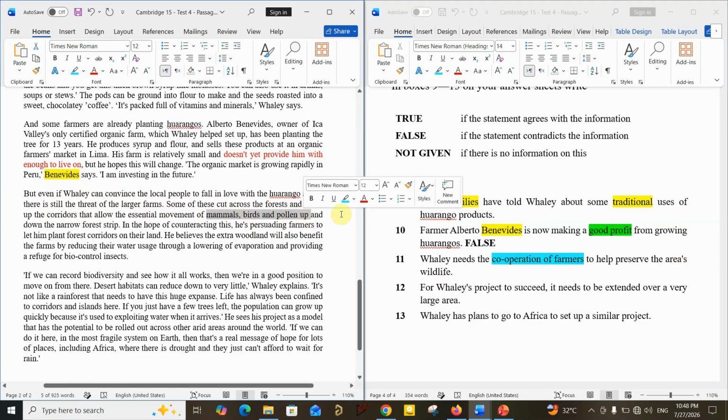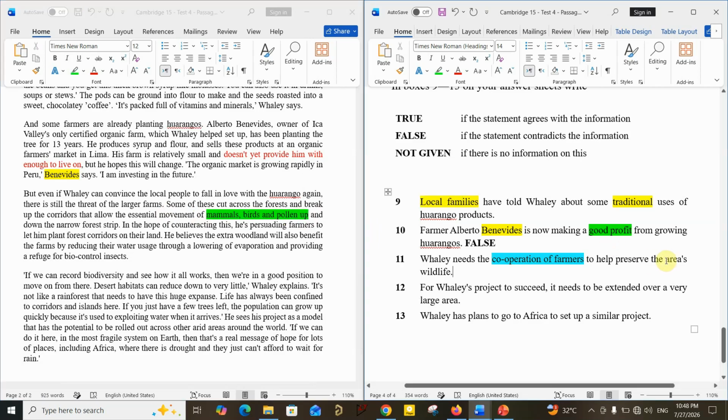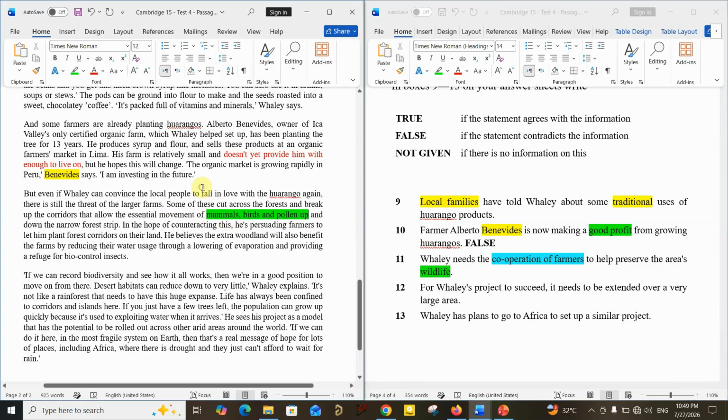These here are the area's wildlife. It's the life of wildlife. Okay, to help preserve.